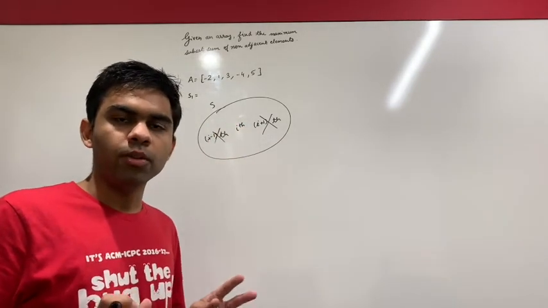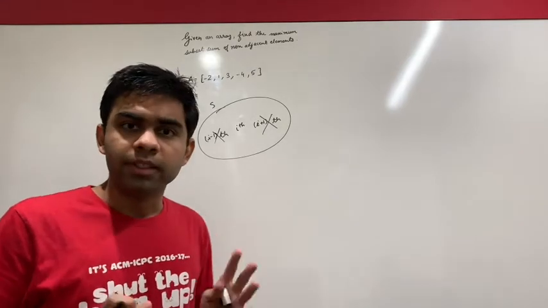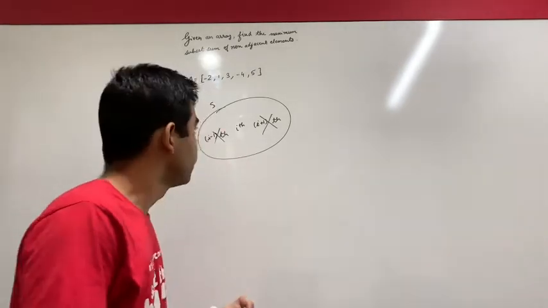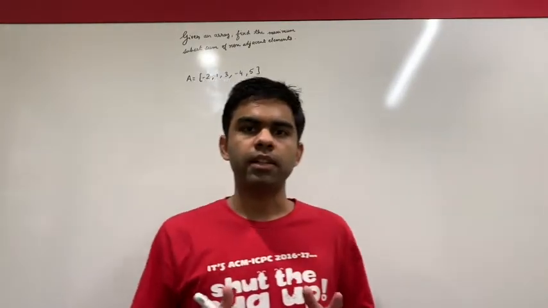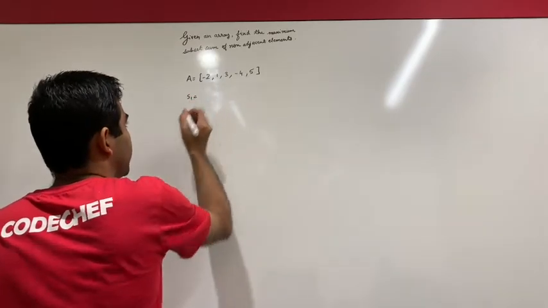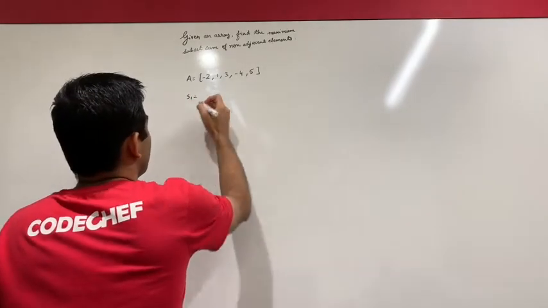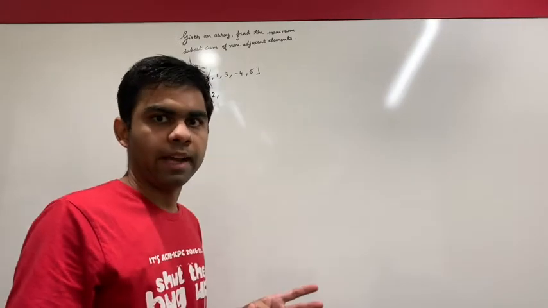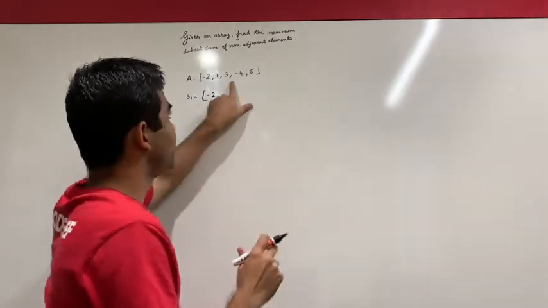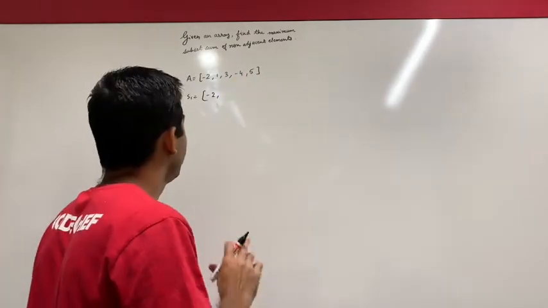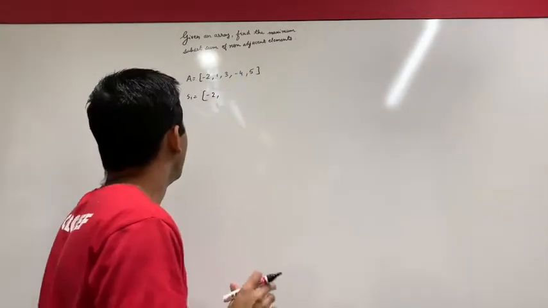So let's try to figure out all the possible subsets with the given constraint. So now let's start with the index 0 and I'll name that subset as S1. So if I choose -2 here, then what all possibilities do I have? I can choose 3, I can choose -4 and I can choose 5. So in my first subset, I'll choose 3.